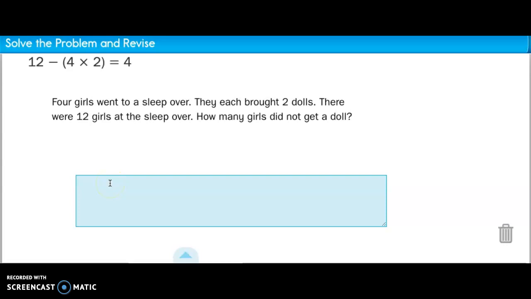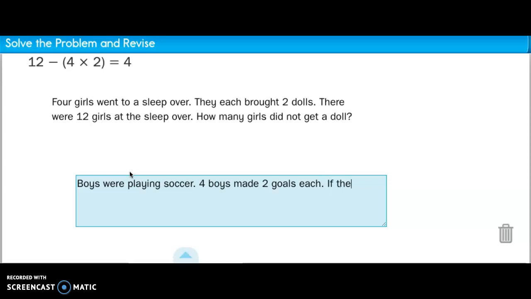Another story could be boys were playing soccer. 4 boys made 2 goals each.